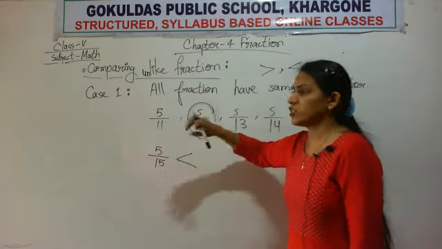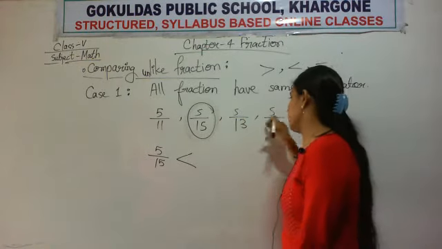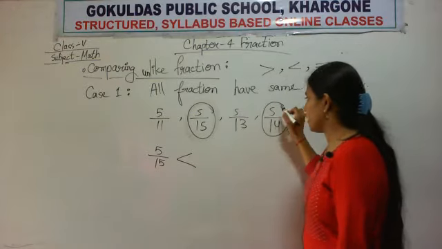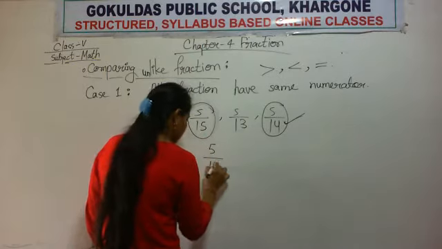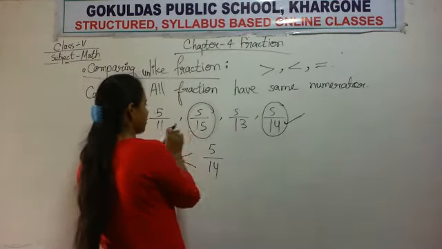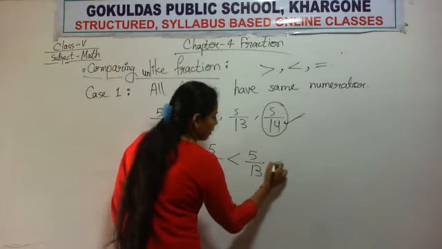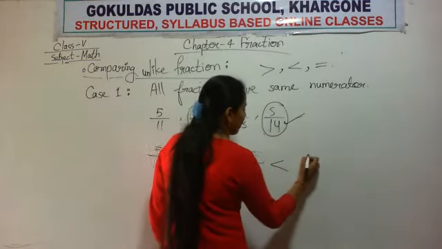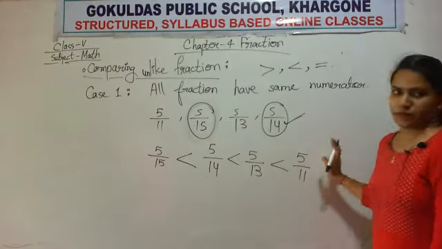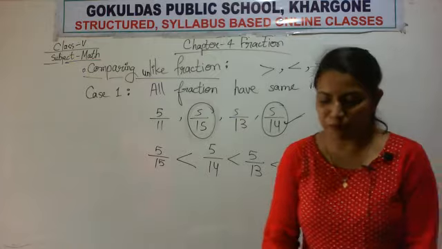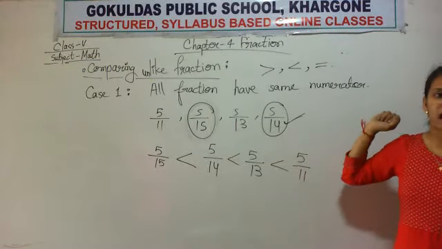The one with the largest denominator will be the smaller one. So here 5 upon 14 will be next. Then out of 5 upon 13 and 5 upon 11, 5 upon 11 is the largest fraction. This is how we compare unlike fractions when all the numerators are the same.